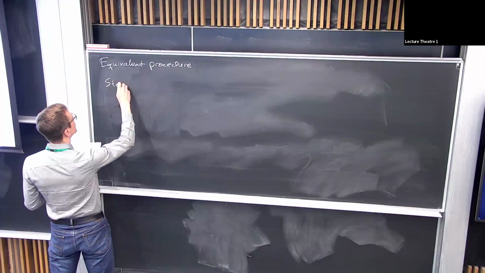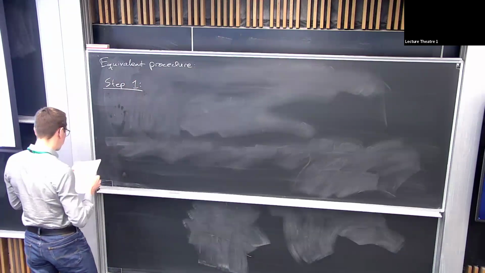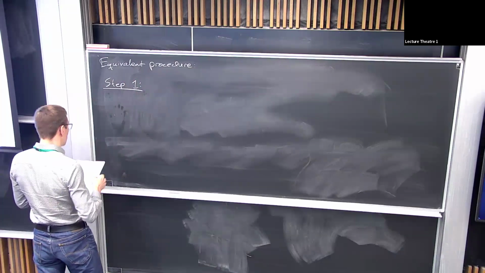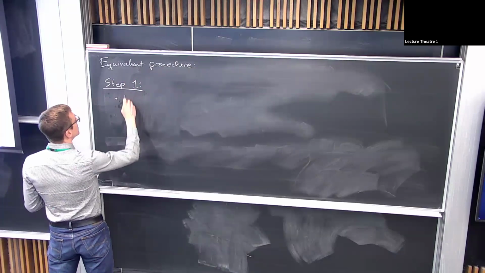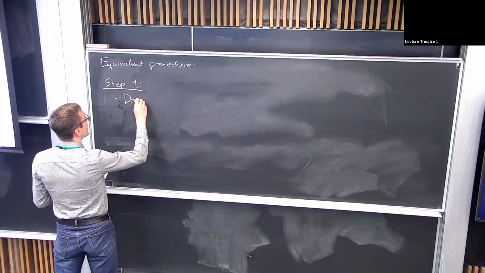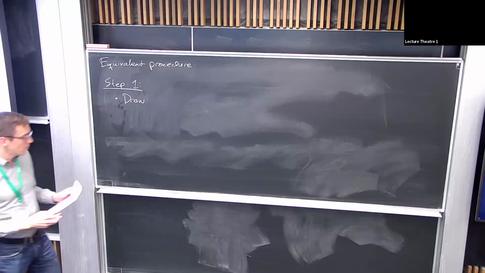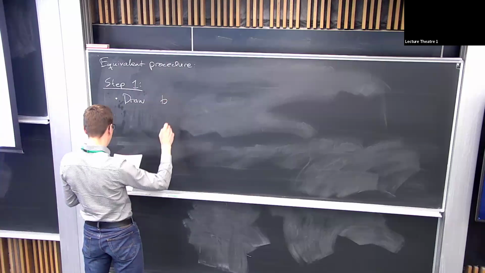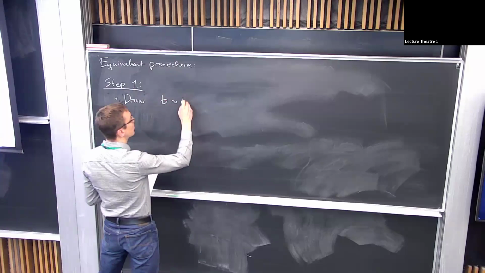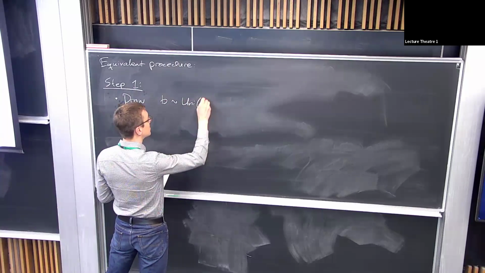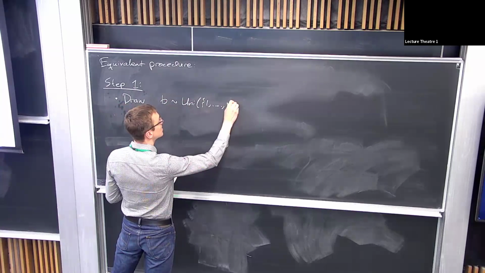I will split it into 2 steps. In step 1, we add one line to this stochastic procedure in which I draw another categorical variable, which is uniform on the index 1 to n.